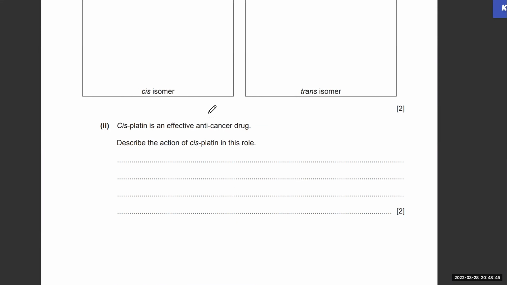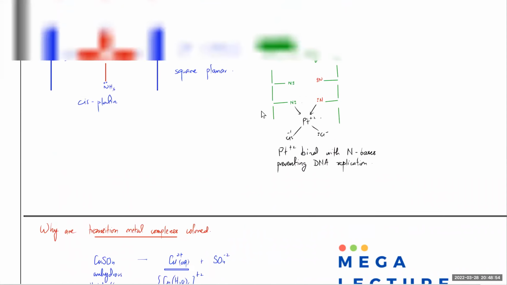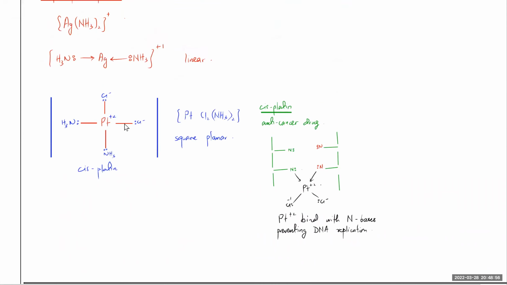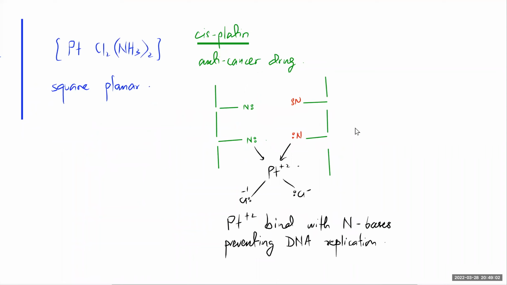And then he's talking about the anti-cancer. Describe the action of cisplatin in this role. So we did that as well, somewhere over here. What we did was that cisplatin was an anti-cancer drug. What I explained was that cancer is when your DNA becomes damaged. So those cells should stop replicating.